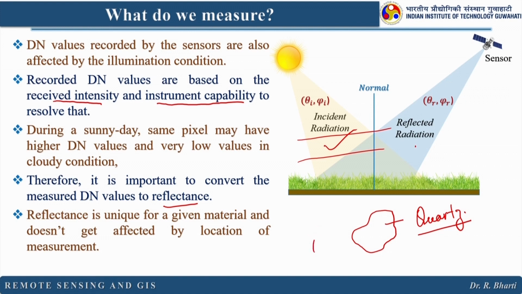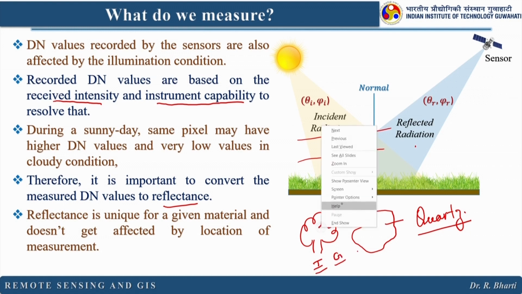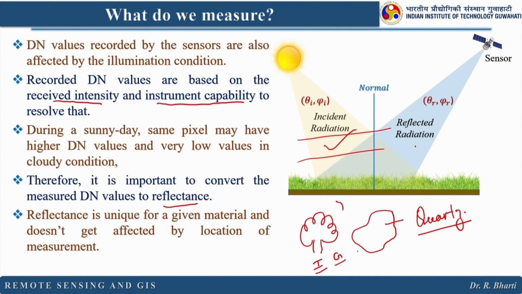Let us say you have a specific type of tree. It does not matter whether it is in India or Germany or US, right. If you measure the DN value and subsequently convert this to reflectance, this reflectance value for a given material will remain the same, because that depends on the material composition and its characteristics, right.